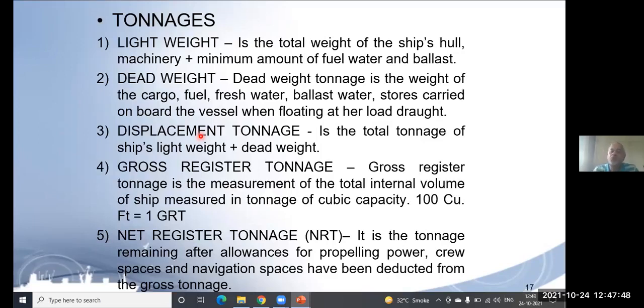So add both together, light weight plus dead weight, and it will give you displacement. And this word means add together. For the motorcycle story, we add together and then we say it is the total weight, gross weight, total weight of the motorcycle together with everything.